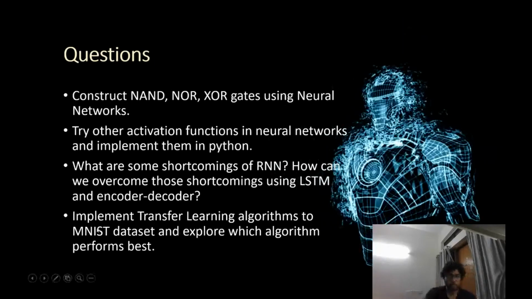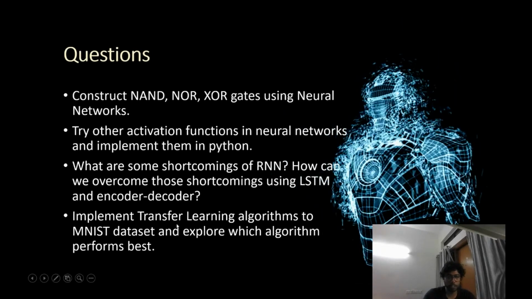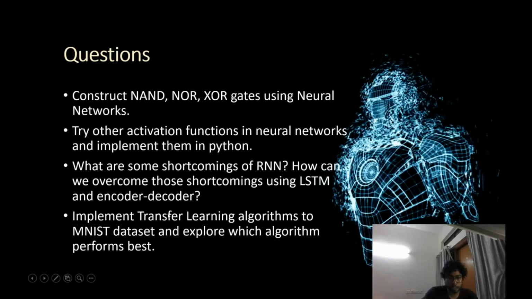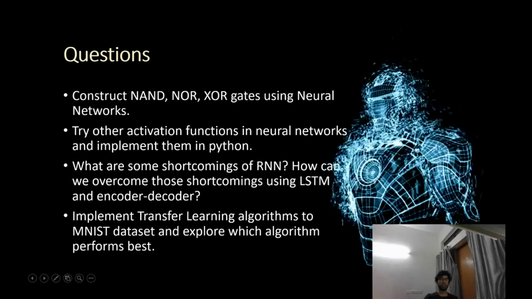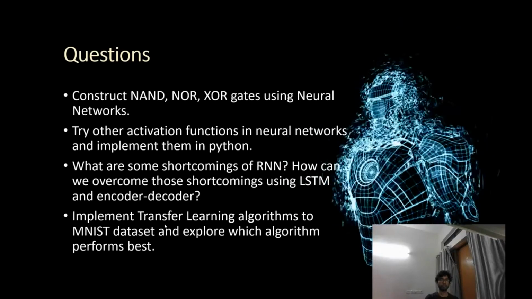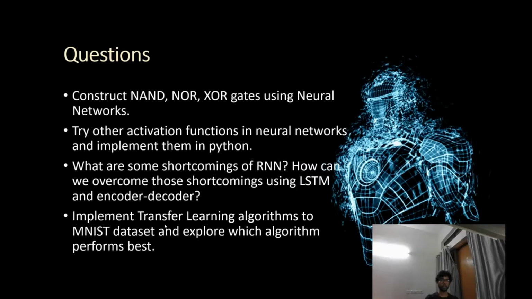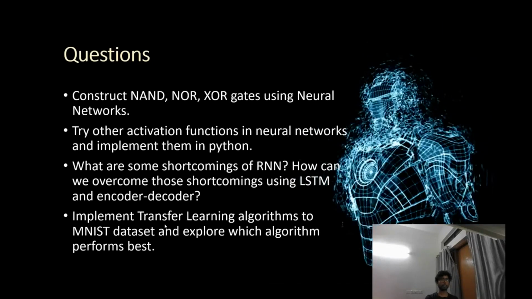And finally, try to implement transfer learning algorithms not only on the MNIST dataset, but also on other datasets, and see which algorithm performs best. As I said, there are a lot of transfer learning algorithms available in the market, so try to use some of them on your own dataset and see how they perform, right?